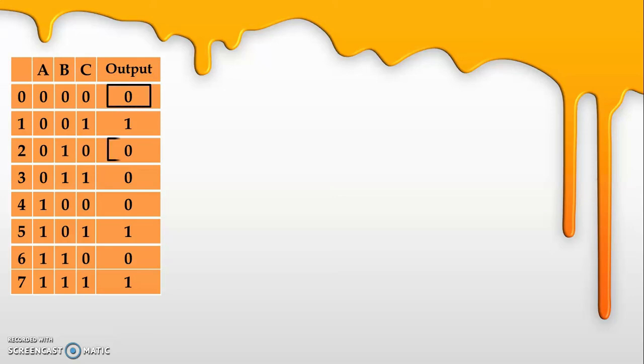If we identify the outputs where we get 0, then we have a total of 5 conditions, that is 0, 2, 3, 4 and 6. In the same way, if we consider output 1, then we have 3 conditions, 1, 5 and 7. For 1, 5 and 7 we are getting output 1.